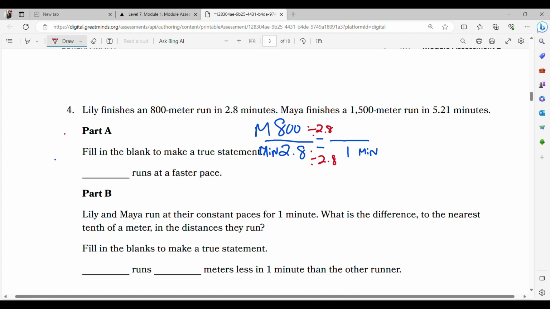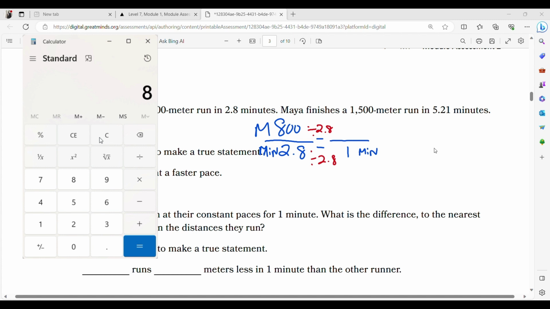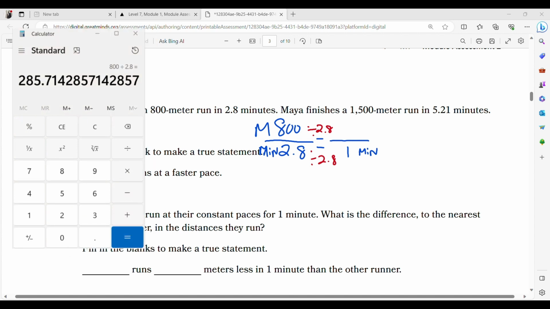800 divided by 2.8. Let's do it. 800 divided by 2.8 equals. I'm not going to write all of that, but I am going to write up to the hundredths place.